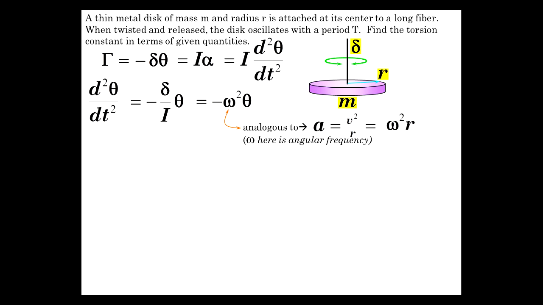And we want to think about omega as being angular frequency because this is a set value of radians per second. Again, not the radians per second of the disk itself. It's angular motion.